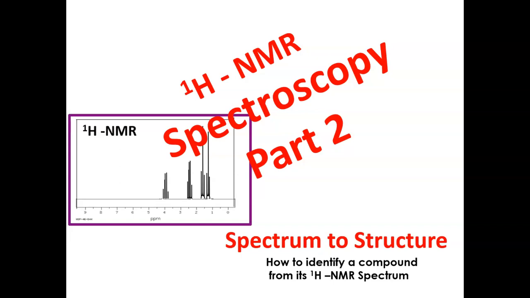Now, it isn't just a case nowadays of here's a spectrum, what's the structure? Often we get lots of other information alongside that, such as a molecular formula or functional group identification tests or other data from infrared or mass spectra, which also adds to our picture.